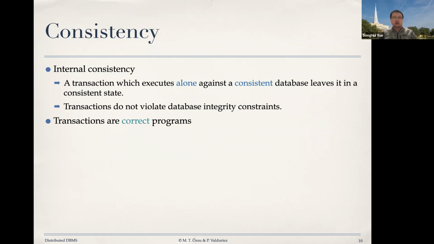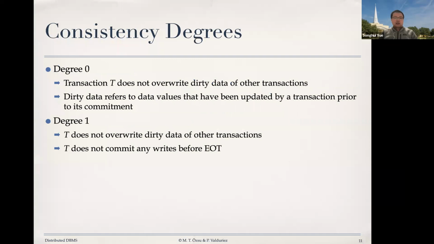There could be different degrees of consistency. Degree 0 means that the transaction T does not overwrite dirty data of other transactions. We will talk about dirty data in later slides.